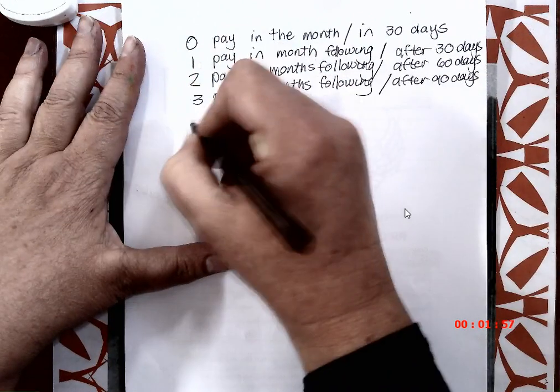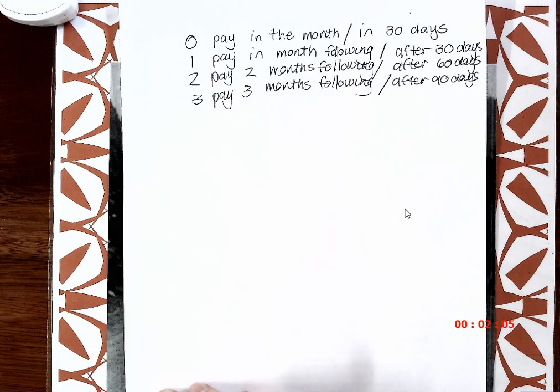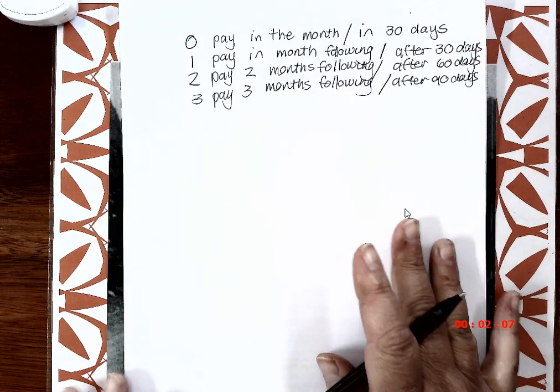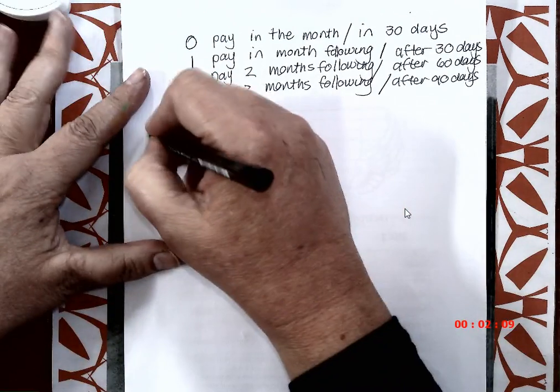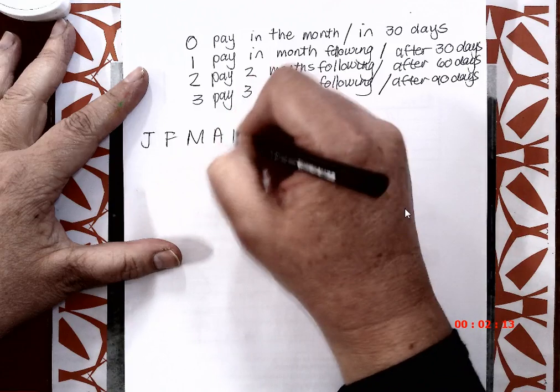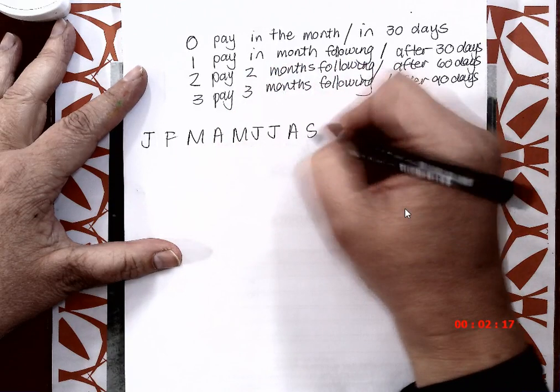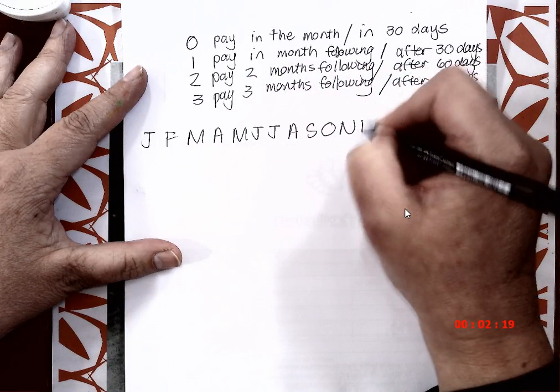And then they give you bad debts. Now they're going to say things like this. So you understand this? So if I have January, February, March, April, May, June, July, August, September, October, November, December.